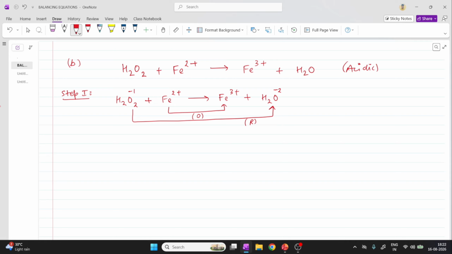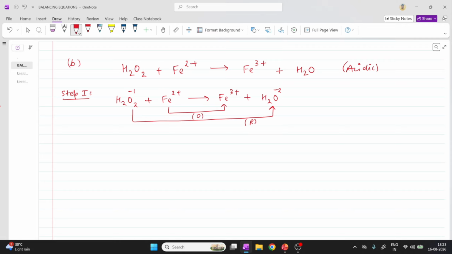Okay, so first in this case, we have to make oxygen equal. Why? Because on the left side we have H2O2, which is 2 oxygen atoms. On the right side we have only 1 oxygen in the form of H2O.